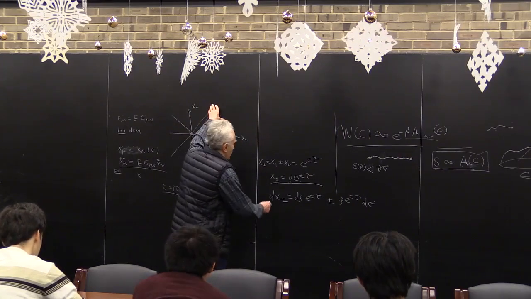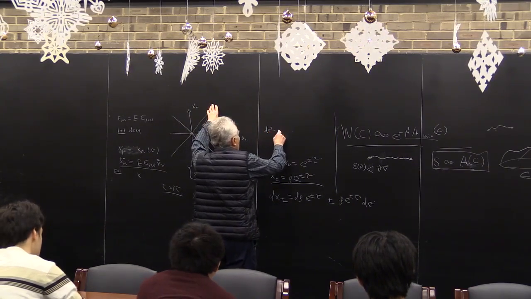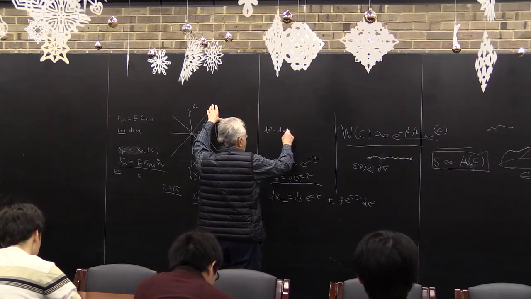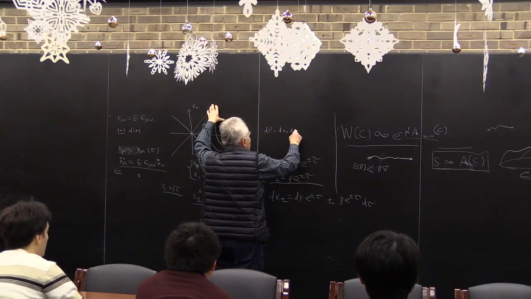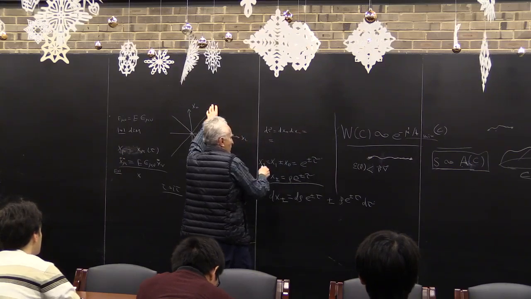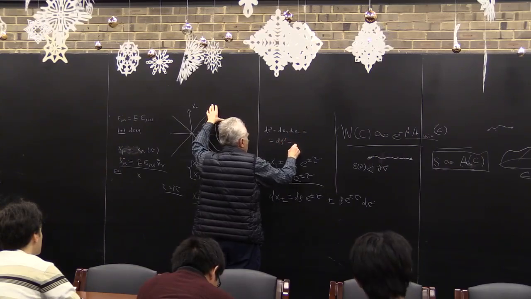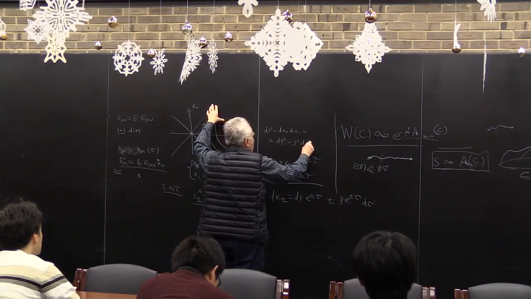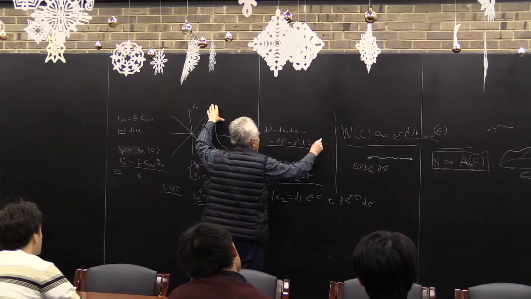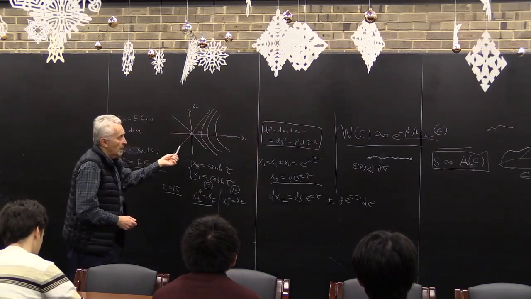Finally, we have the metric ds squared, which is dx plus dx minus, which becomes d rho squared minus rho squared d tau squared from this formula.